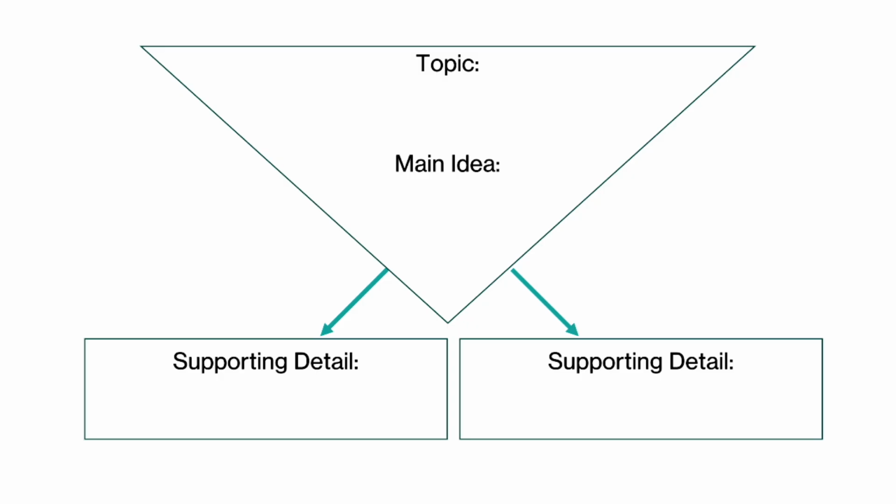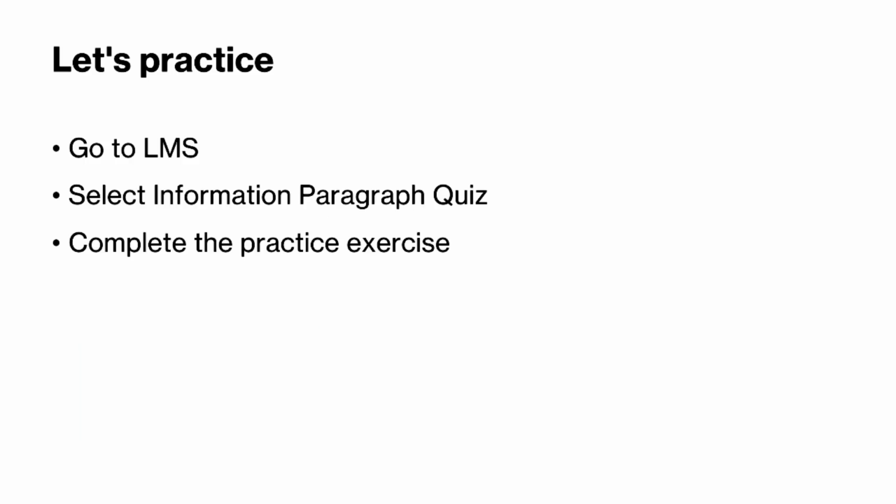So now what we're going to do is, you're going to be given a little bit of time to practice. If you go to LMS and you go to your Tips Tuesday on your grade 10 LMS page, and you go to tip number 4, you would select Information Paragraph Quiz.